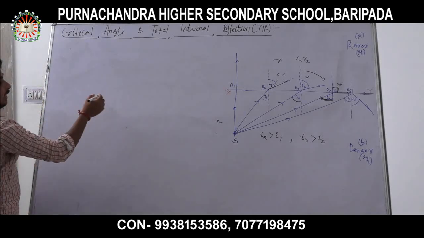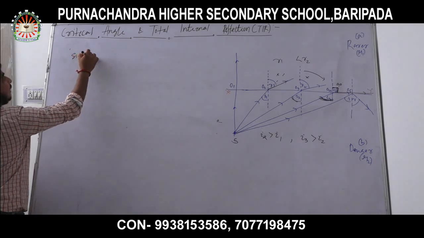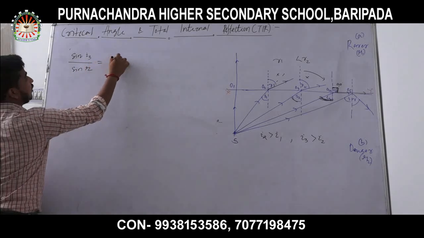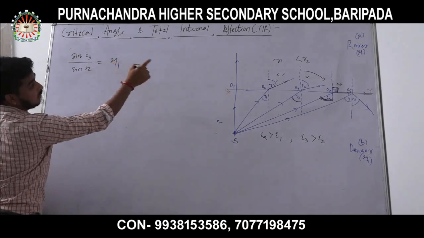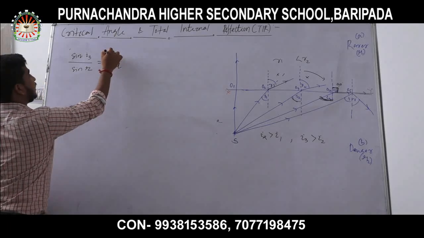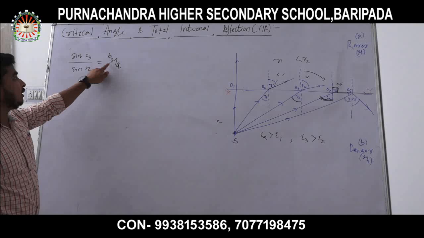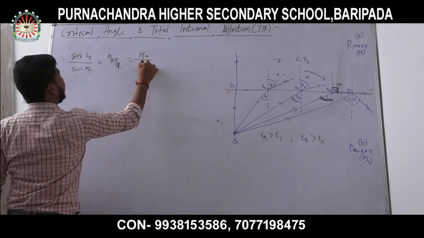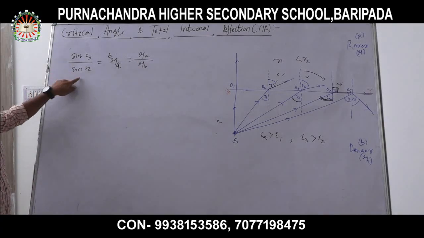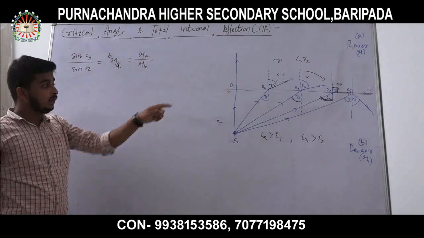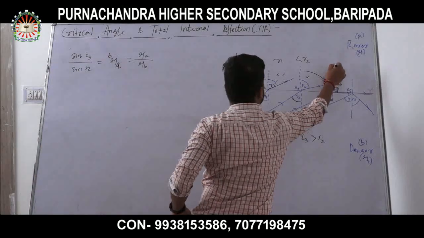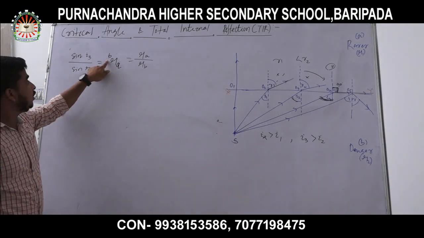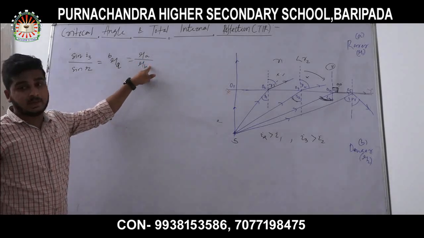That is, I can write sine I3 upon sine of R is equal to the refractive index of media A with respect to media B, mu of A with respect to B. So it can be written as mu A divided by mu B. Okay, in this third condition, sine I3 by sine R equals mu A divided by mu B.